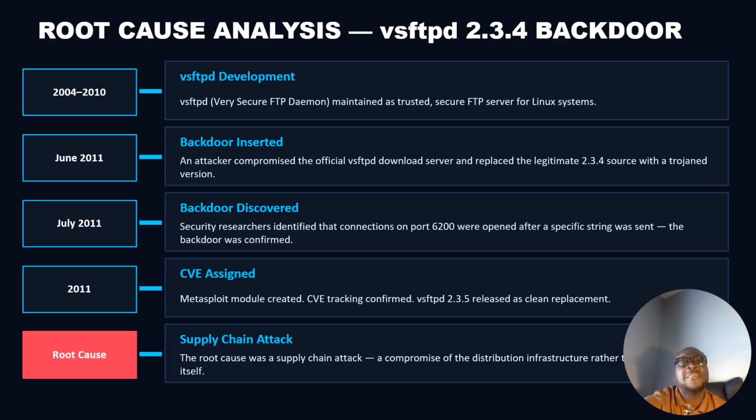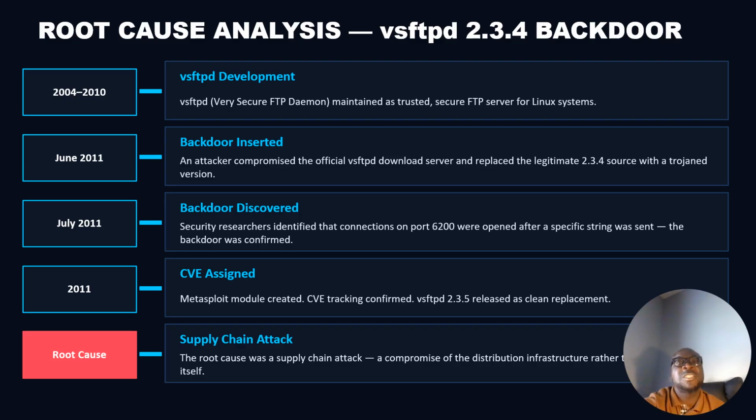Let me trace the vsftpd backdoor to its root cause. vsftpd, which stands for Very Secure FTP Daemon, had an excellent security reputation through the 2000s. In June 2011, an attacker gained access to the official download server and replaced the legitimate vsftpd 2.3.4 source code archives with a malicious modified version.